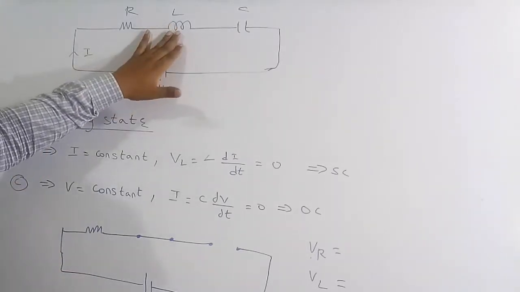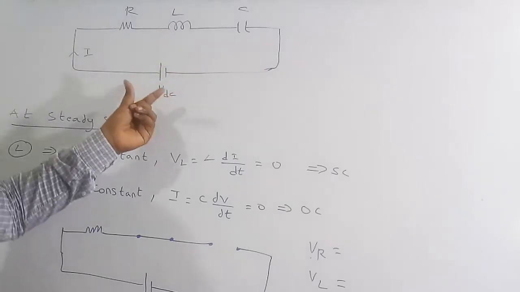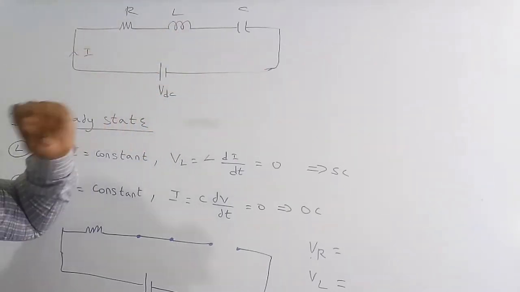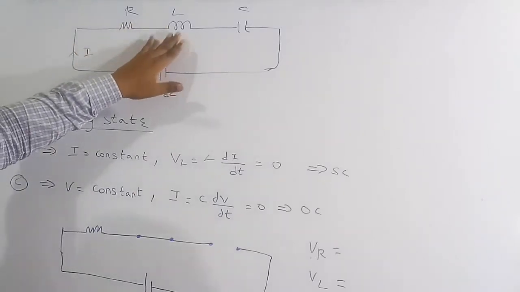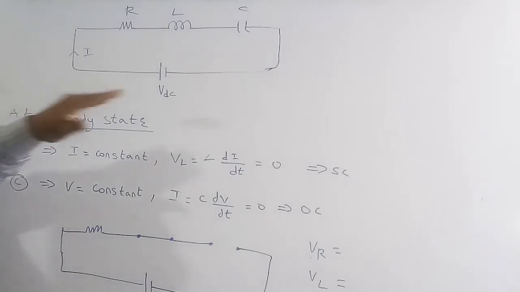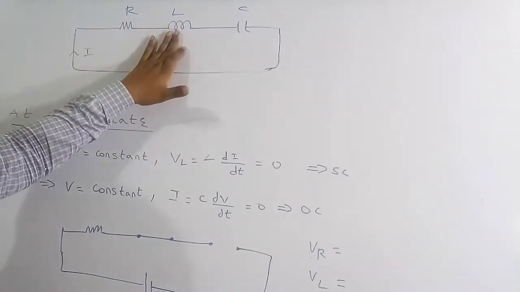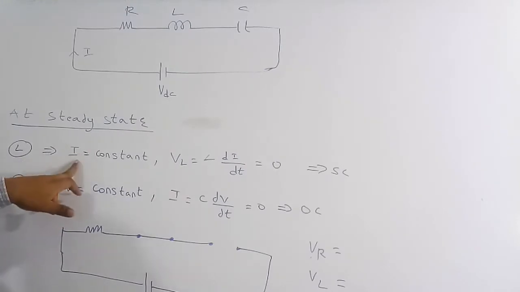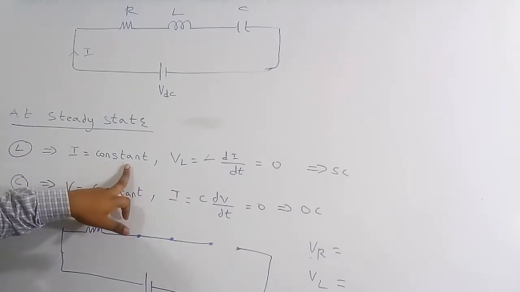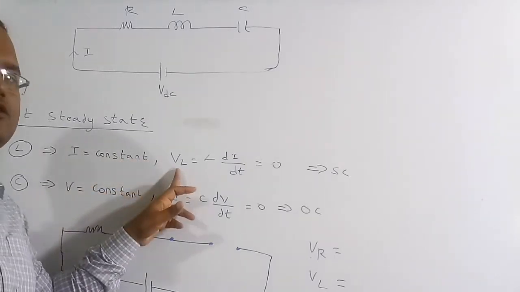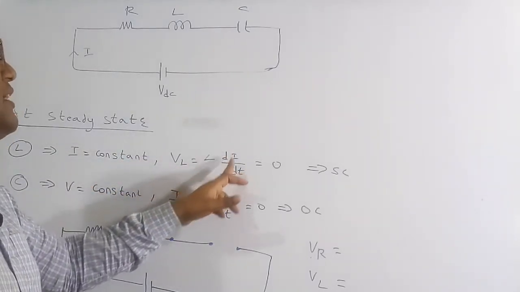When we supply a DC voltage across the inductor, what is the nature of the inductor at steady state? At steady state the current in the inductor will be a constant value. We know the voltage and current relation across the inductor: voltage across the inductor is equal to L di by dt.